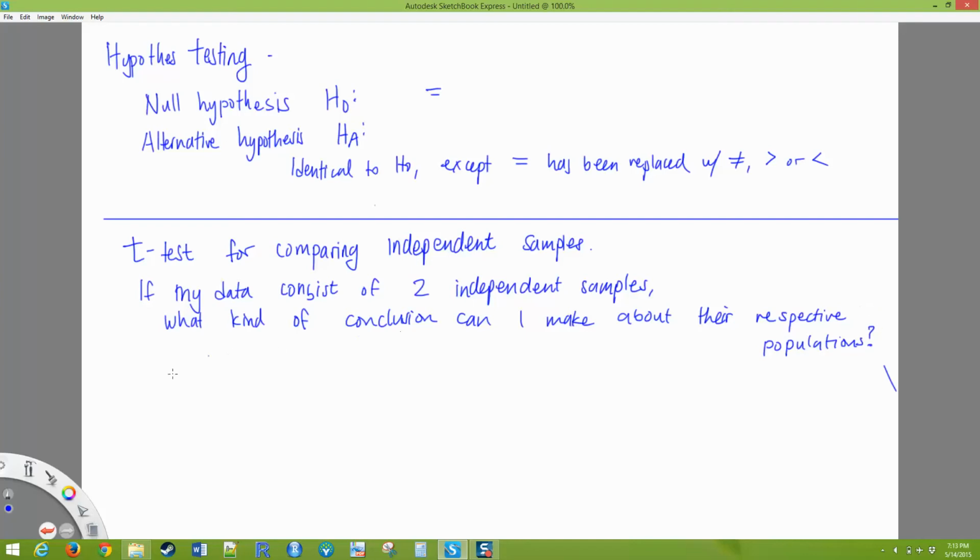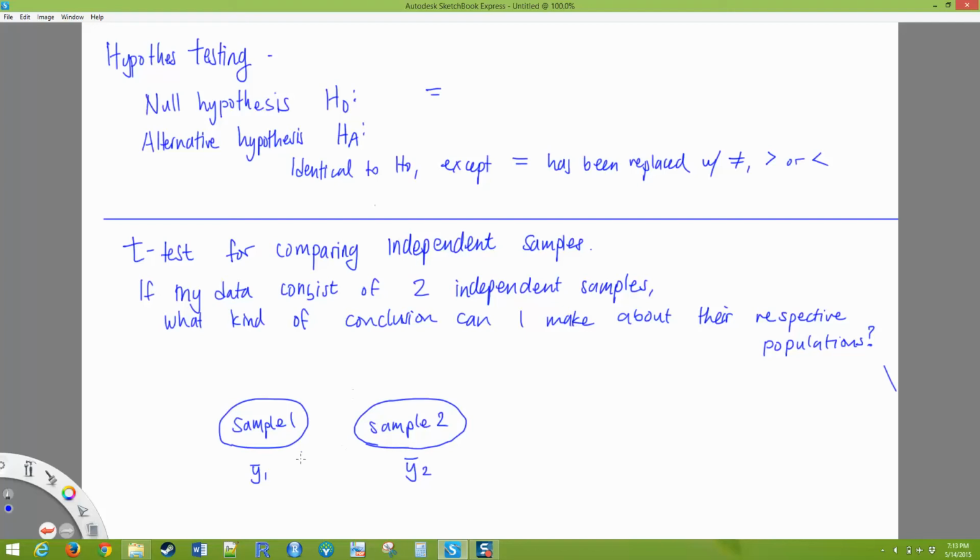So the idea here being we have sample 1 and we have sample 2. Sample 1 has a mean of y bar 1. Sample 2 has a mean of y bar 2.